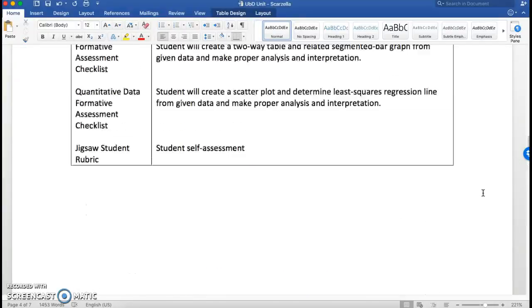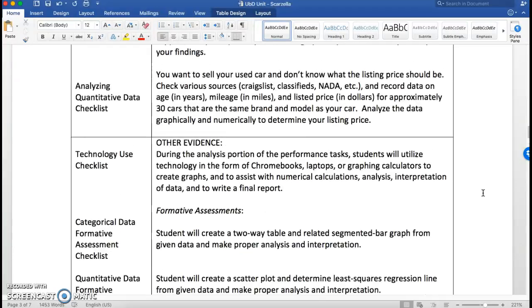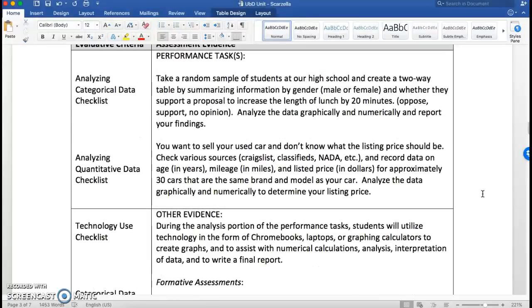The other performance task had to deal with quantitative data, so this one's also interesting. It says you want to sell your used car and don't know what the listing price should be. Check various sources, Craigslist, classifieds, NADA, etc., and record data on age in years, mileage in miles, and listed price in dollars for approximately 30 cars that are the same brand and model as your car.